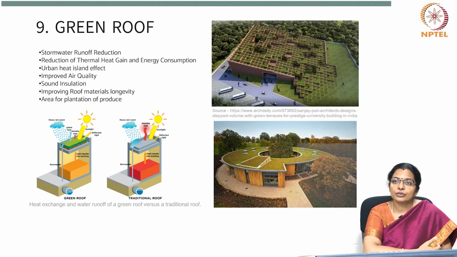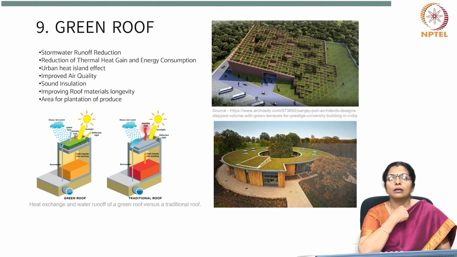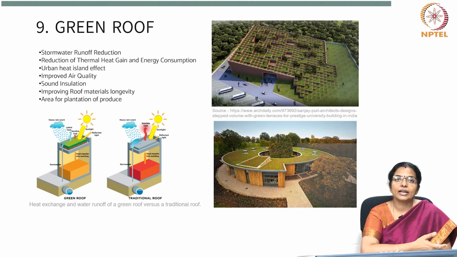The urban heat island effect gets reduced because the roof of the building does not reflect too much heat. If all buildings in a particular area do not reflect heat from the roof, then the heat island that is formed in urban areas gets reduced.